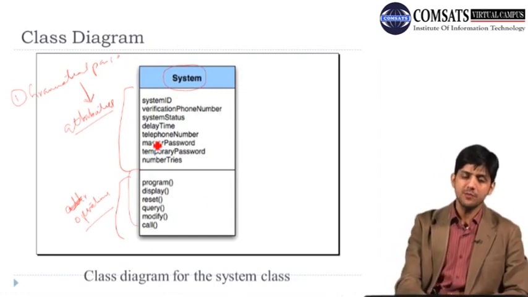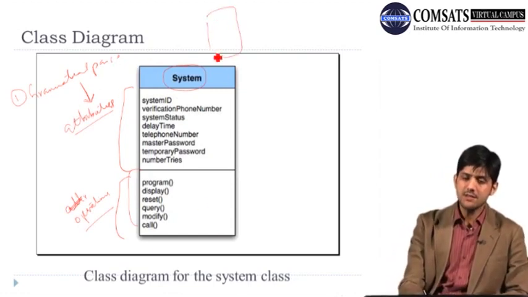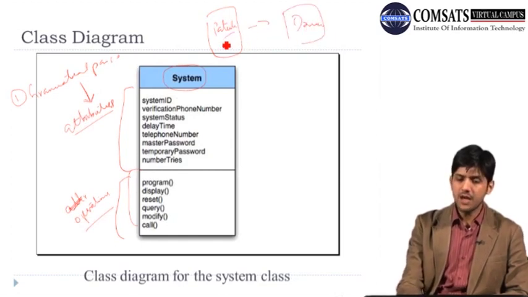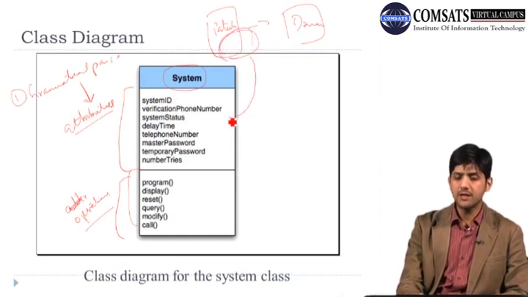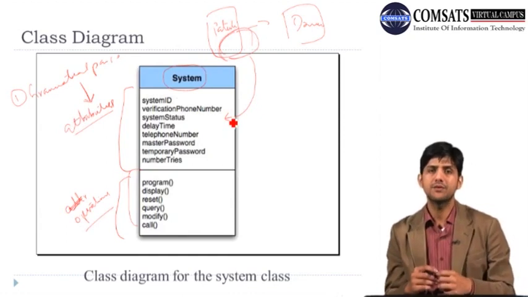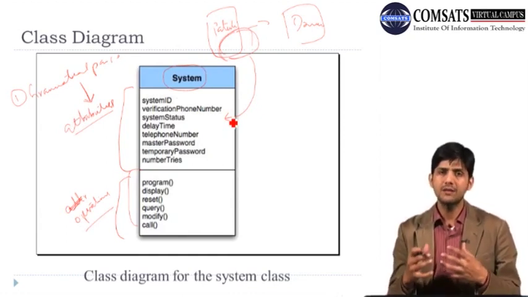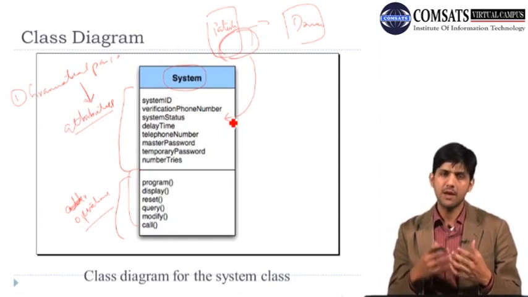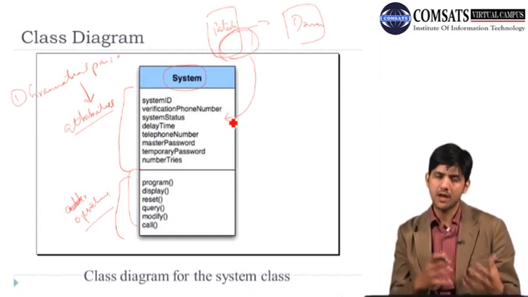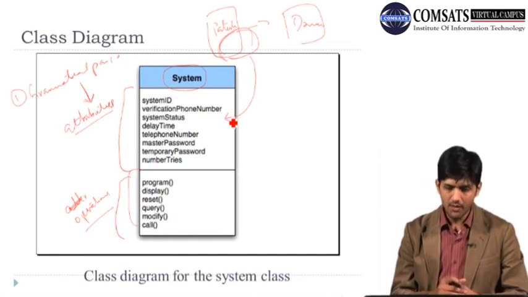Now from that set of potential classes, we have identified a few domain classes. The remaining nouns and noun clauses become the attributes of different classes. So what we do is we try to match those attributes to different classes, and the closer we think that this would describe an instance of a particular class, we make it an attribute of that class.